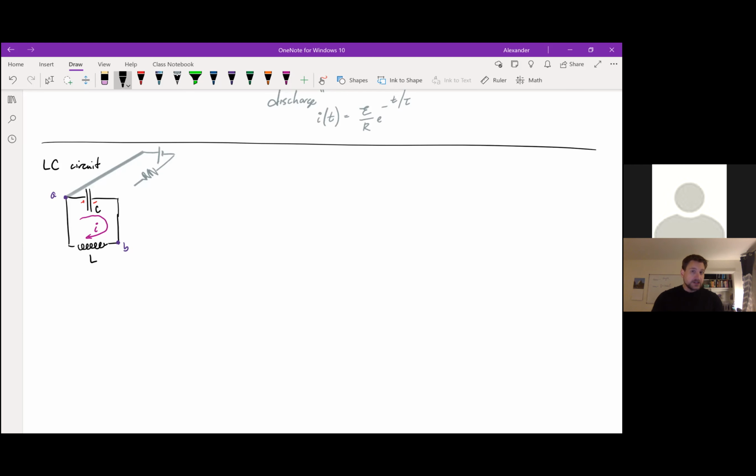But I'd like to consider a labeled clockwise current, because actually the relationship between current and the charge across the capacitor is inverse.